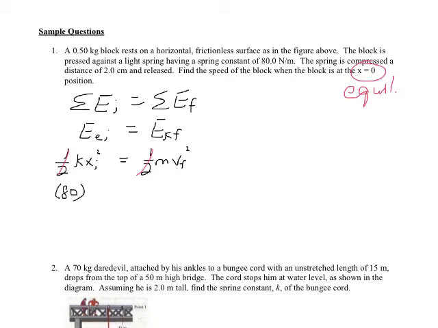It did say that the spring is compressed by 2 centimeters, so therefore 0.02 meters. Don't forget that's got to be squared. And all of that's got to be equal to the mass of the block, 0.50 kilograms, times the final speed of that block squared. So if you just do a quick calculation, let's just see what the final speed of the block turns out to be.